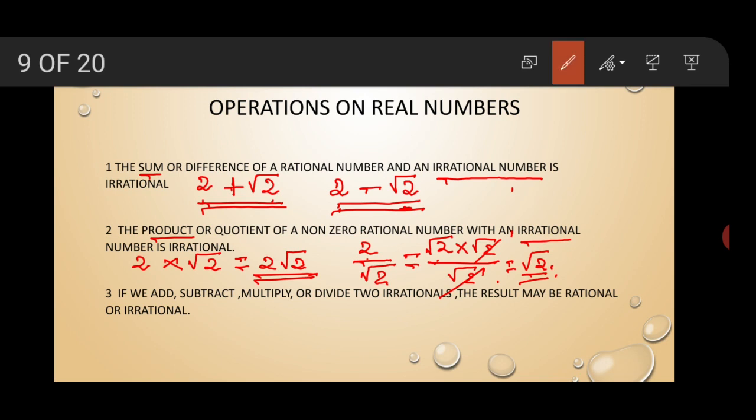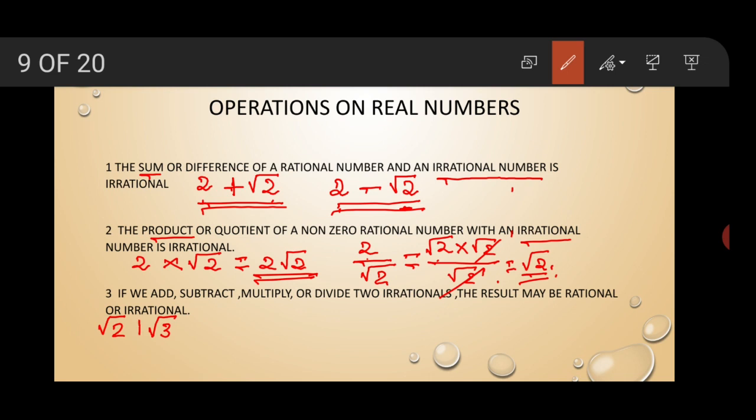Take two irrational numbers and their sum. What happens if we add? I will take two examples. I will take root 2, one example, and one more number is root 3.